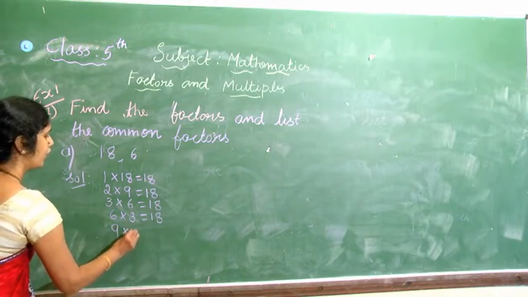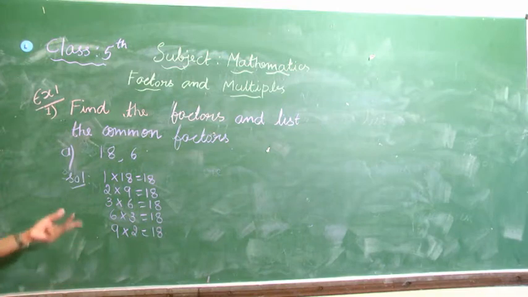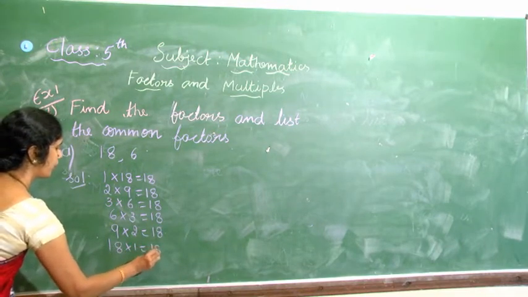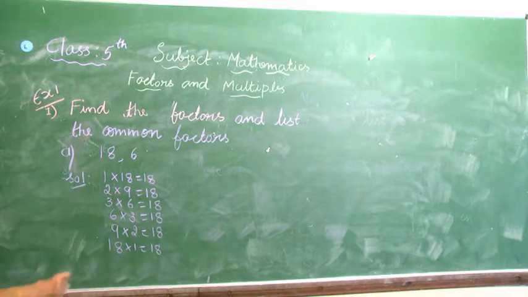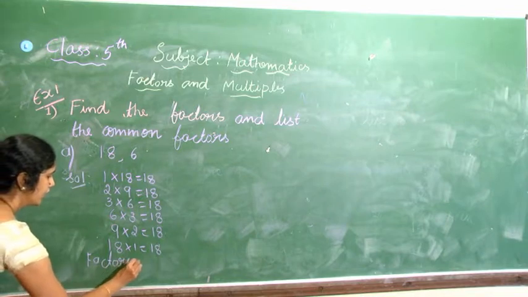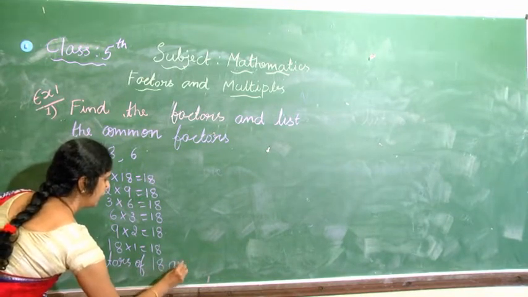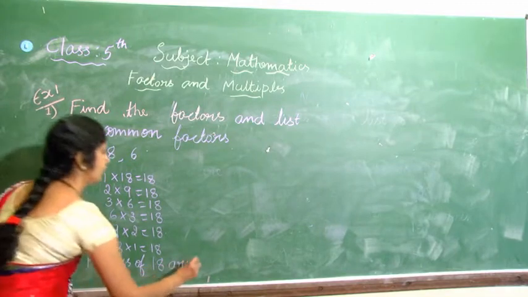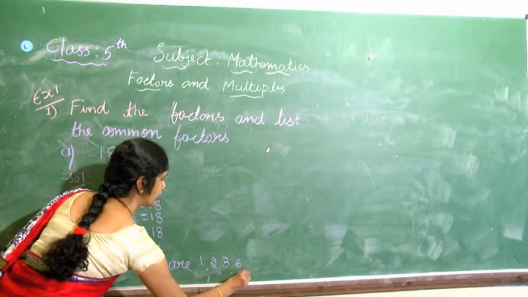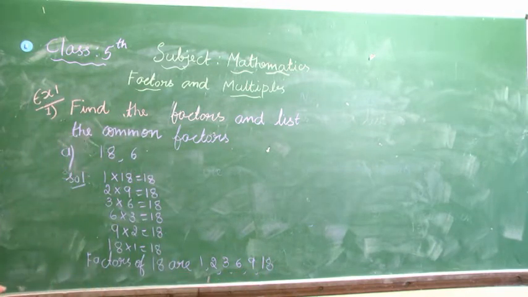It will not come in 7, 8. Then directly we go to 18 itself. So factors of 18 are 1, 2, 3, 6, 9, 18.